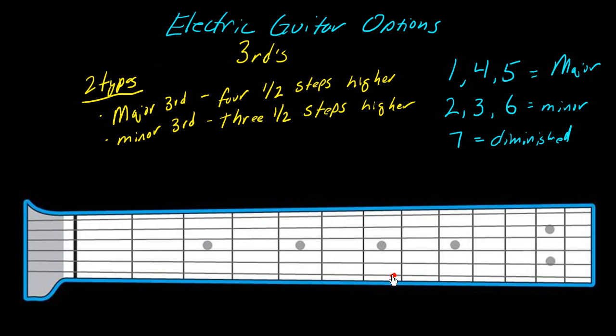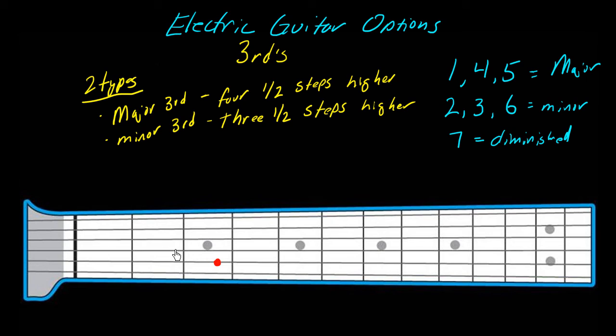All right. 3. If you run into a 3 chord, here's the 3 note. 3 is a minor chord, so you would use this minor pattern on this 3 chord. 4 is right here. That's a 4 root. 4 is what type of chord? Major.